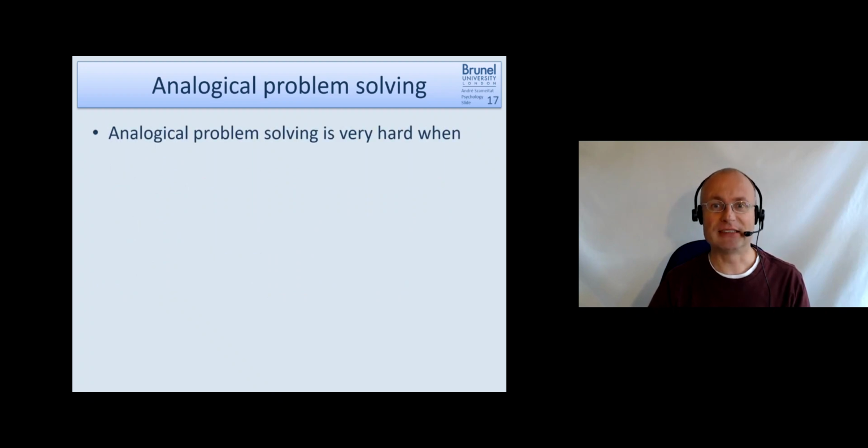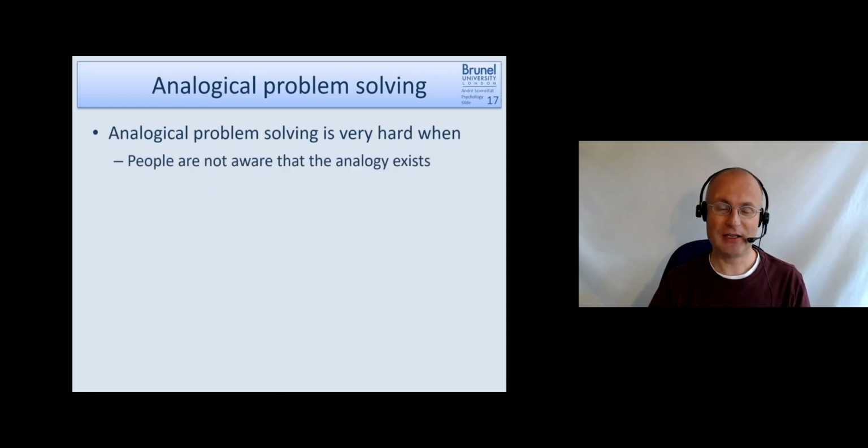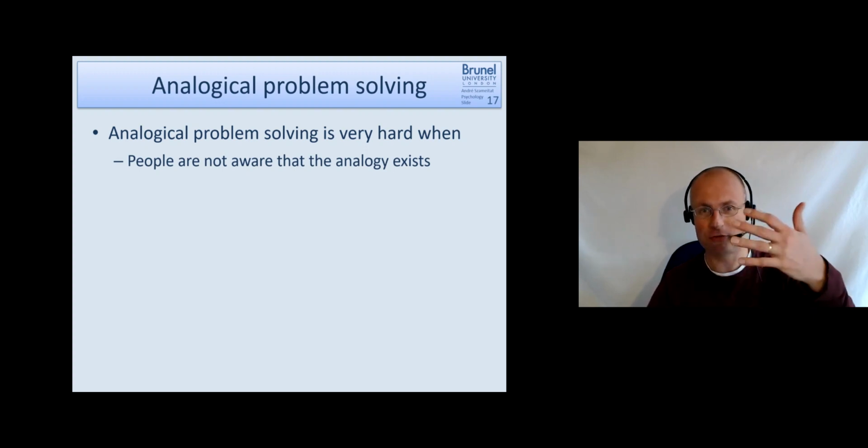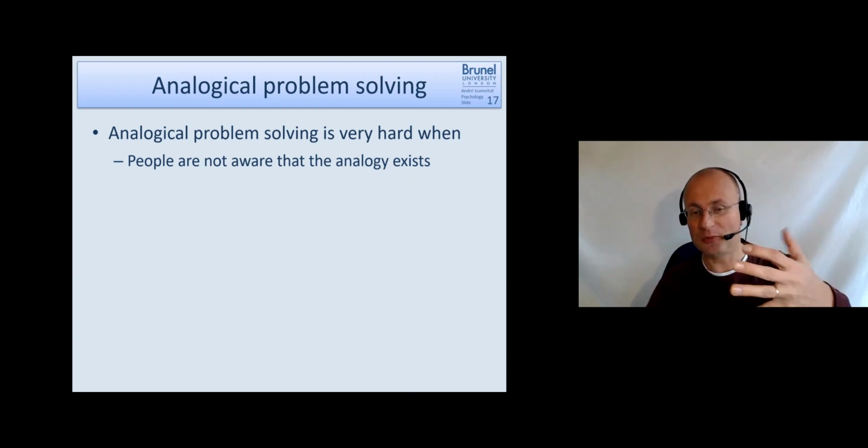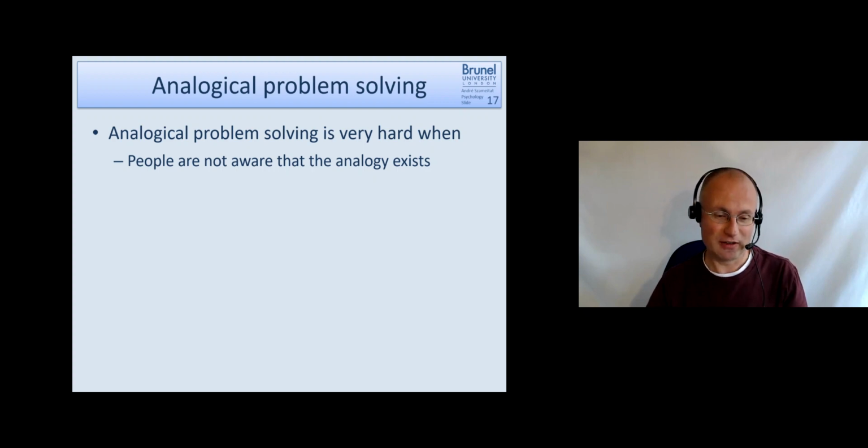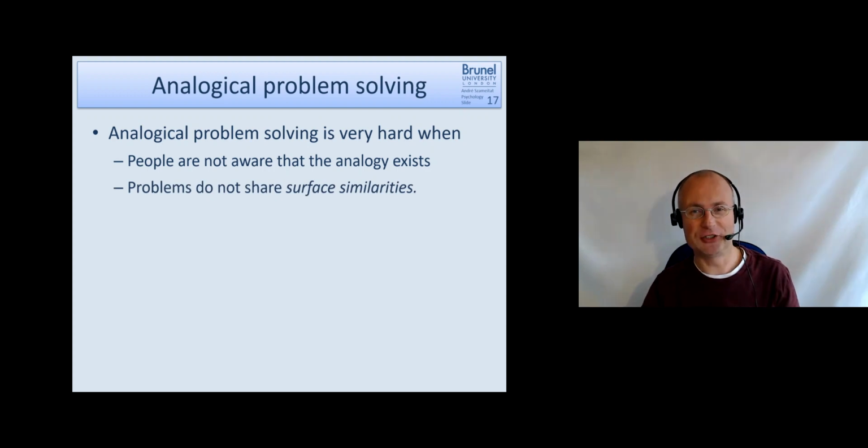And it's in particular difficult when people are not aware that the analogy exists. That means you try to solve the problem without being told, for instance, that it's the same thing. Or the other way, when it's a checkerboard, I would tell you, think of the wedding problem, the matchmaker, to help you solve that problem. That would make people aware of the analogy.